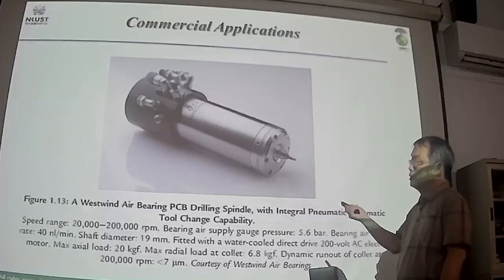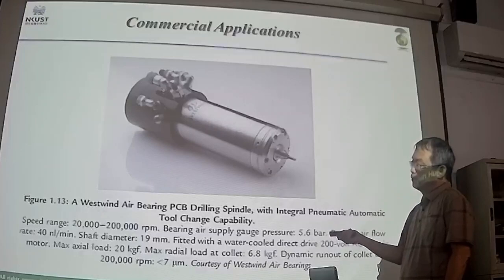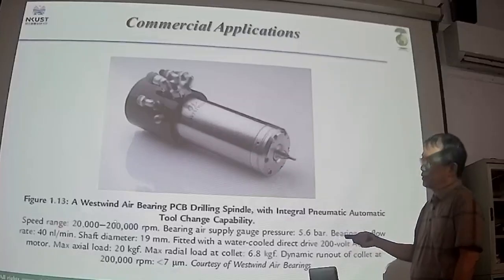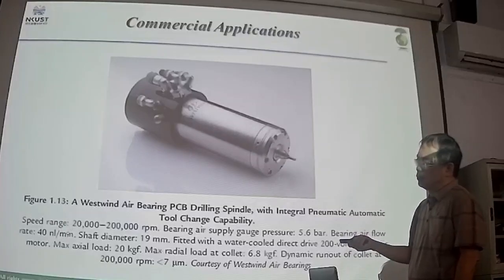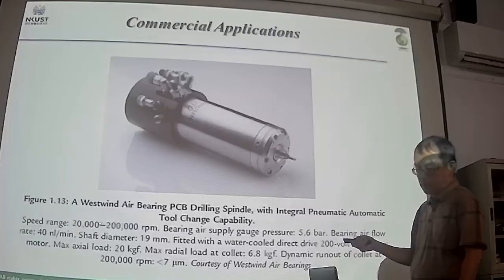So in this case, Westwind can provide the spindle, the RPM speed range can be starting from 20,000 to 200,000 RPM.